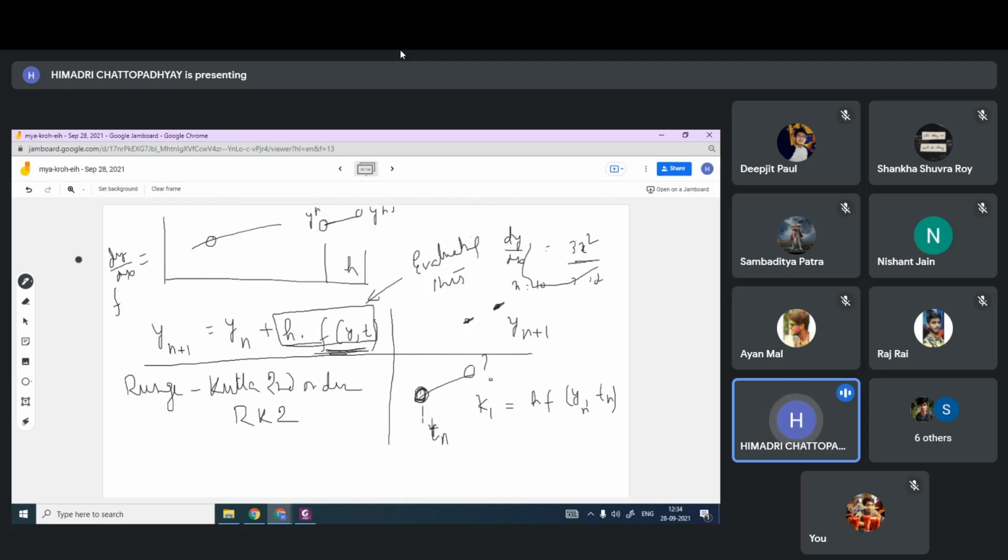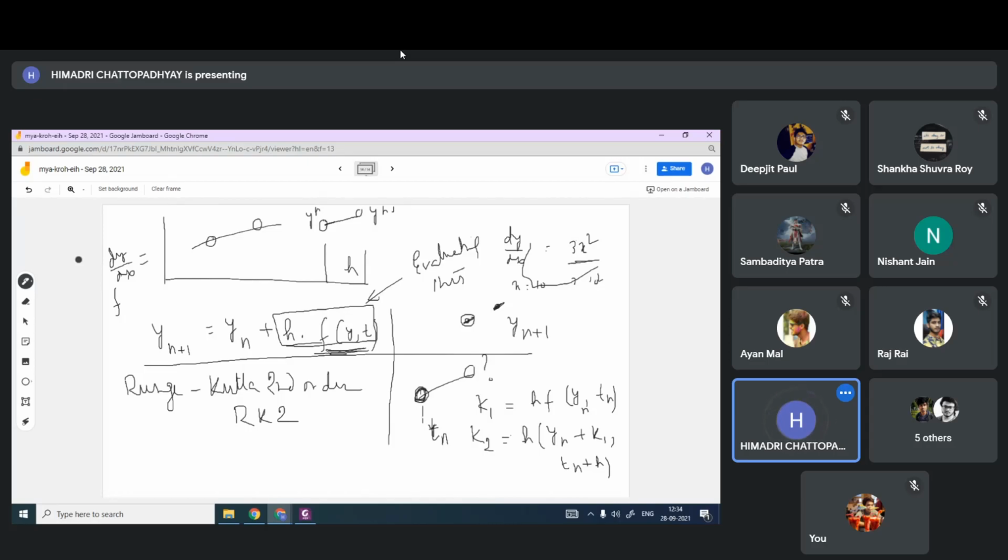So the gap is the same, but the slope can be found from this point or from this point also. So first you calculate this k1 value. Then you calculate the k2 value like h f at yn plus k1 and tn plus h. That means this point you have evaluated.